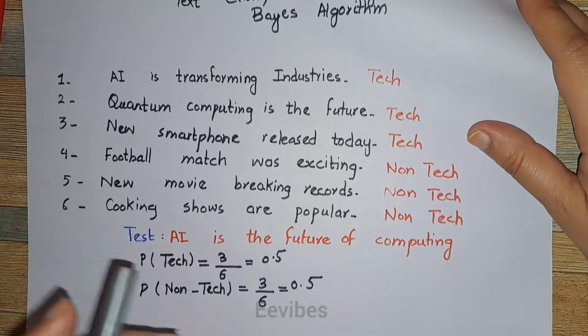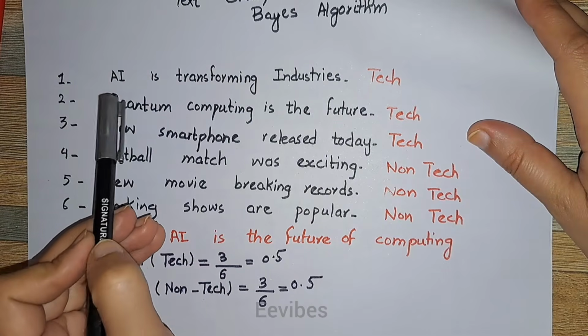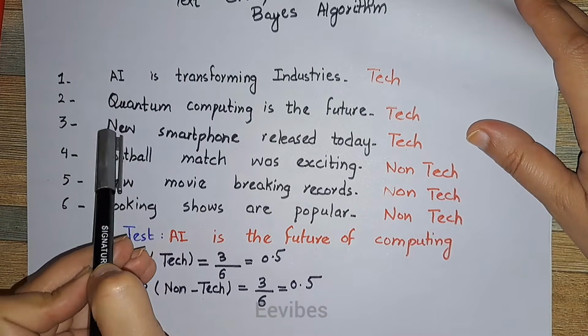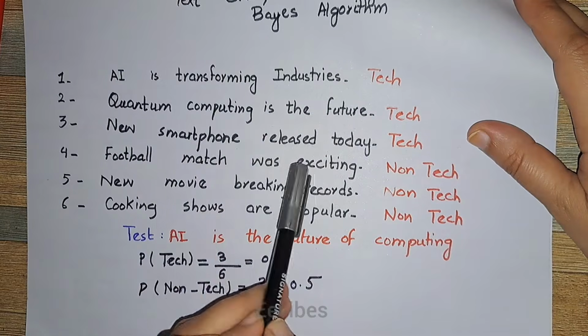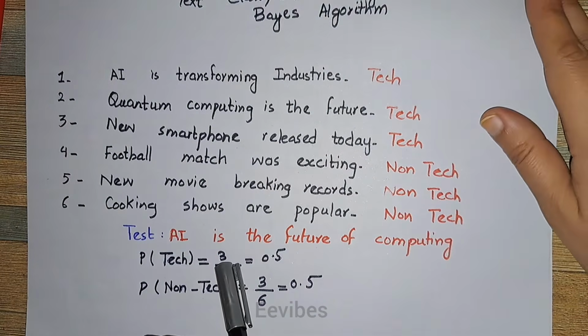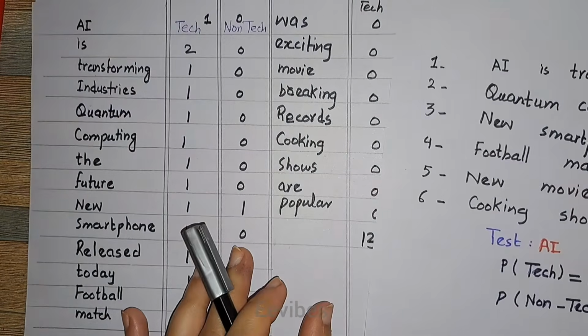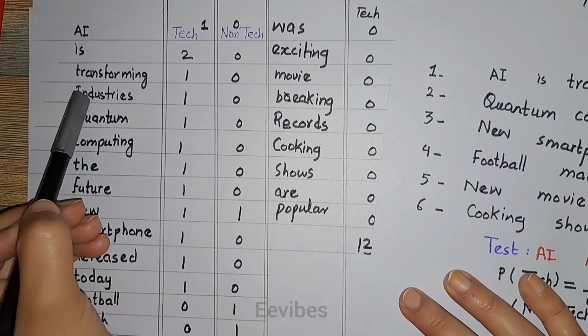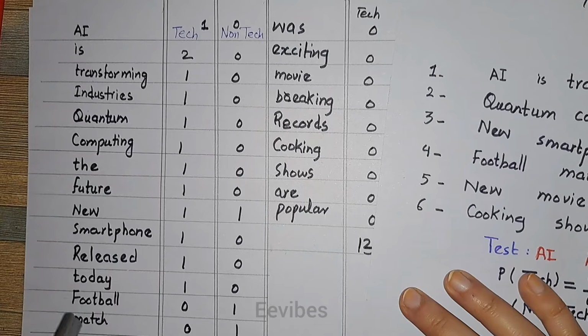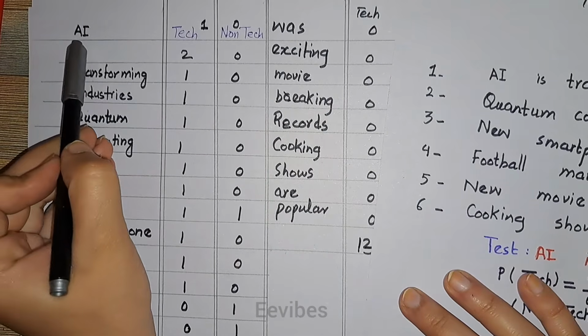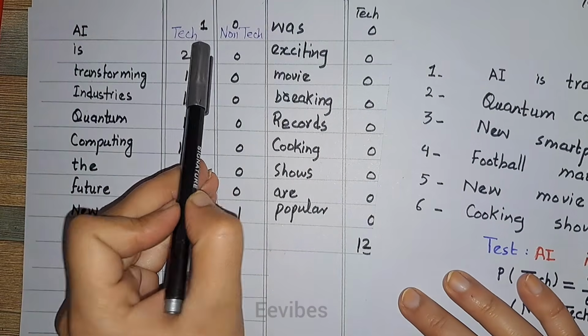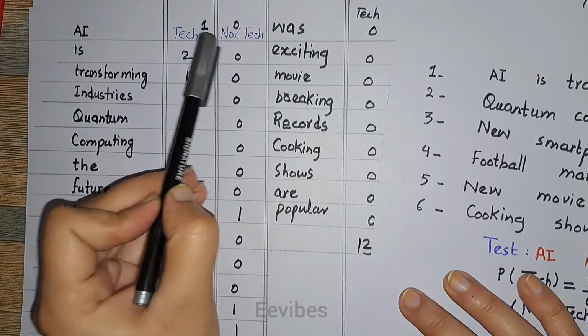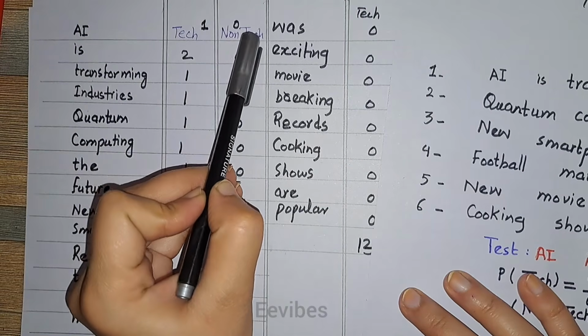Once we are done determining the prior probabilities, the next step is to build the vocabulary set, which consists of the unique words from the given set of sentences. Here I have written each word distinctly, and then written the count of that particular word belonging to the class tech or non-tech.